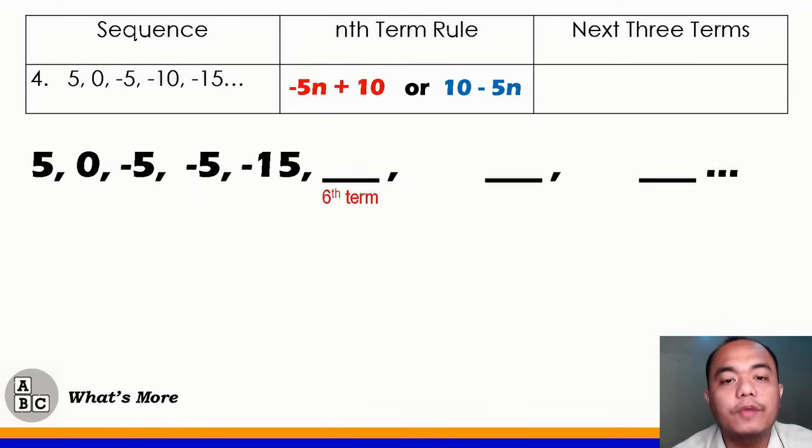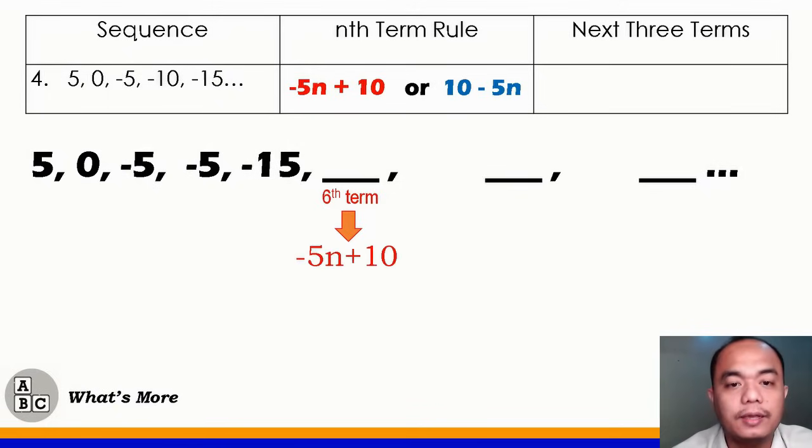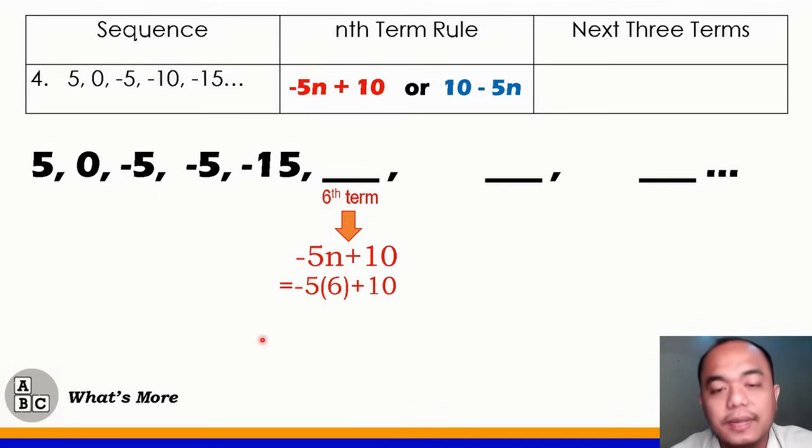We are looking for the sixth term. Let's have first the sixth term. Let's use negative 5n plus 10. So replace n by 6. And this will become negative 5 times 6 plus 10. Where did we get the 6? From the sixth term.